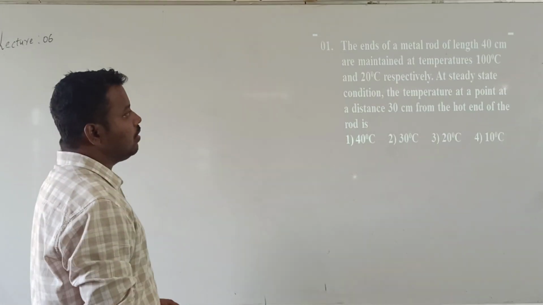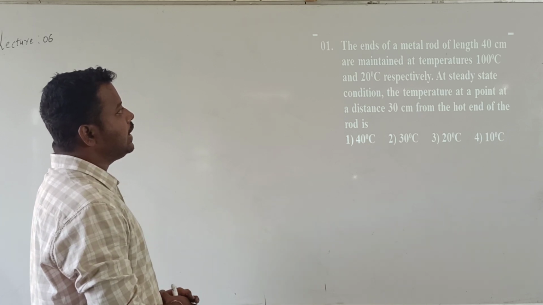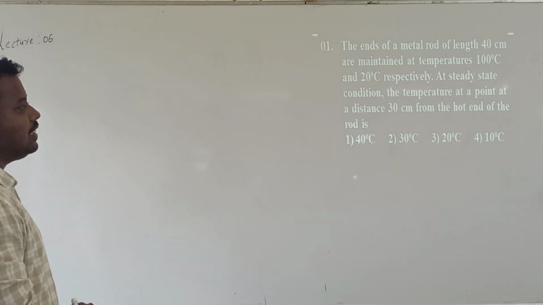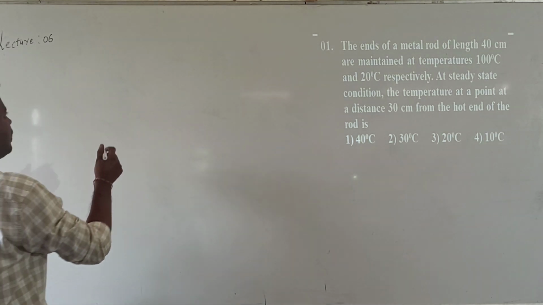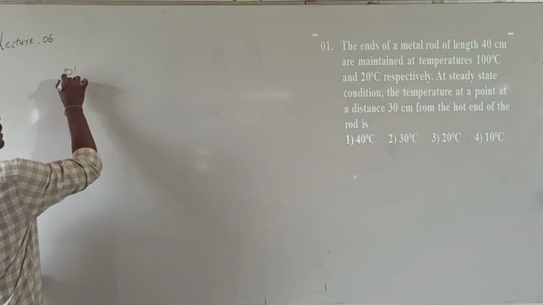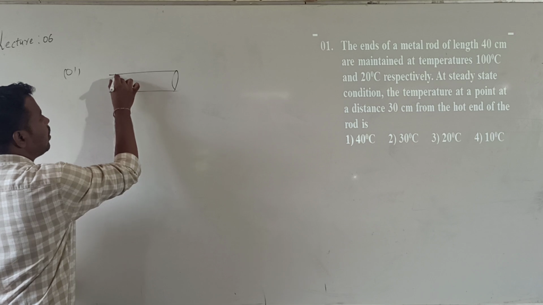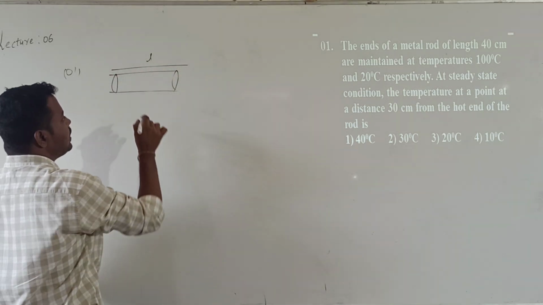The ends of a metal rod of length 40 centimeters are maintained at temperatures of 100 degrees and 20 degrees Celsius respectively. At steady state, what is the temperature at a point which is at a distance of 30 centimeters from the hot end of the rod? The same model was solved in level 2 also, but we got one more question. One rod is given, total length L is equal to 40 centimeters.